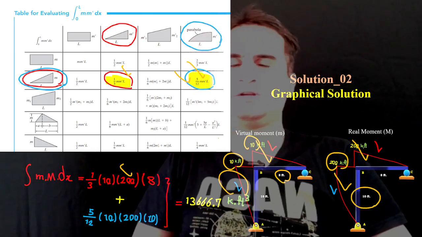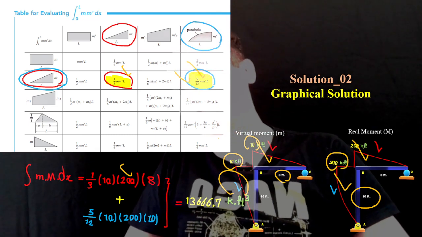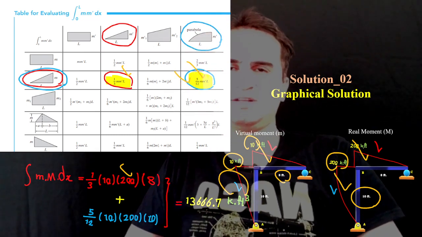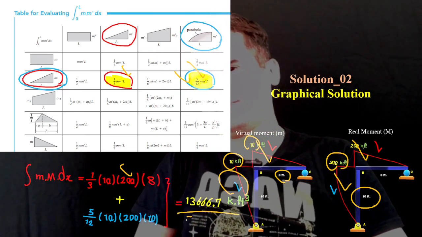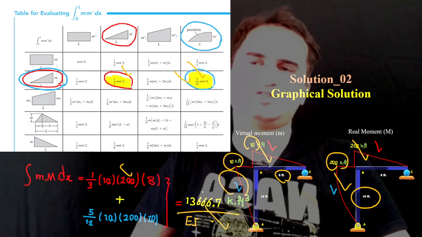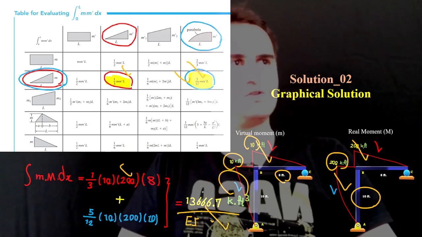If you add them together, it gives you 13,666.7 kilopound. If you divide it by EI and do the math, it gives you the same numeric value as the previous problem. Thank you.